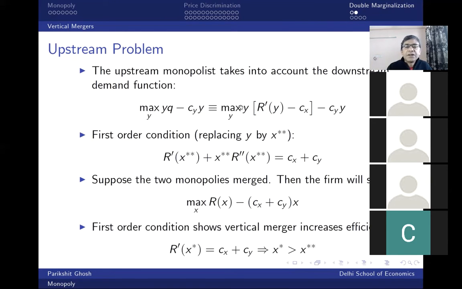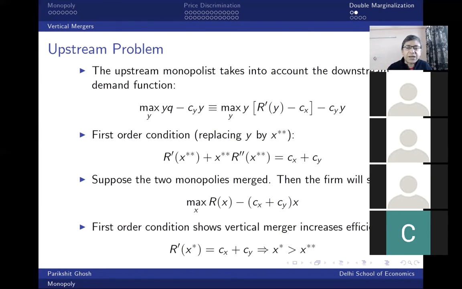So you take the first order condition with respect to Y. So that is this, where all I've done is switched Y for X. Remember, Y and X at the end of the day will be the same. Y is the amount of wood, X is the amount of furniture given the fixed coefficient technology.